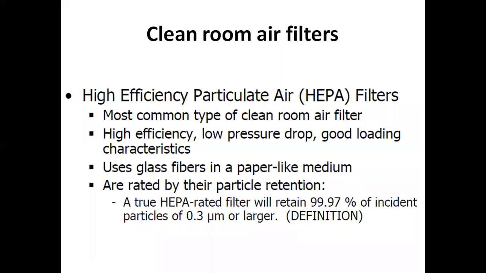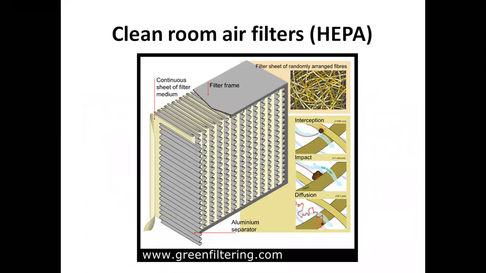It would stop 99.97% of the incident particles of 0.3 micrometer or larger. So it would allow only 0.03% of the particles which are 0.3 micrometer or larger. It would stop the maximum amount of the particles.